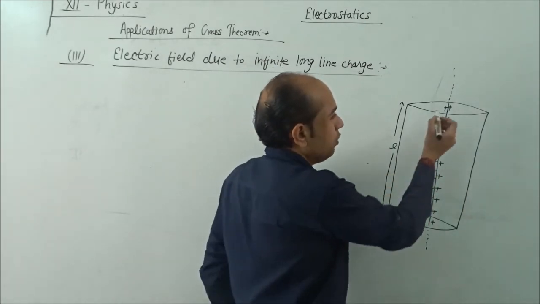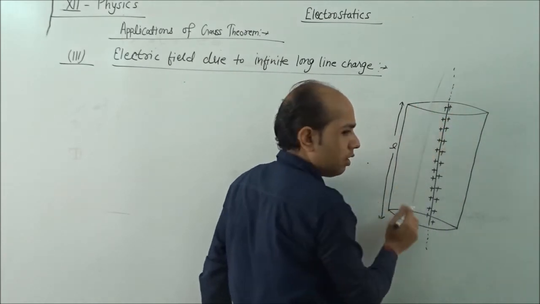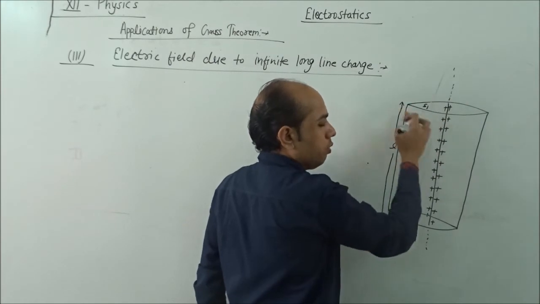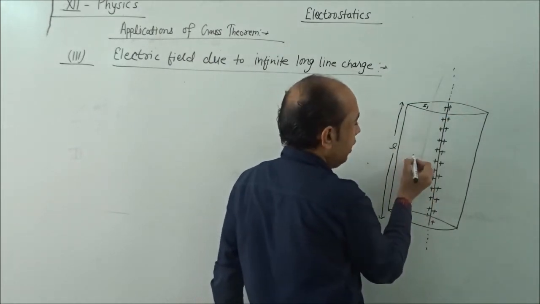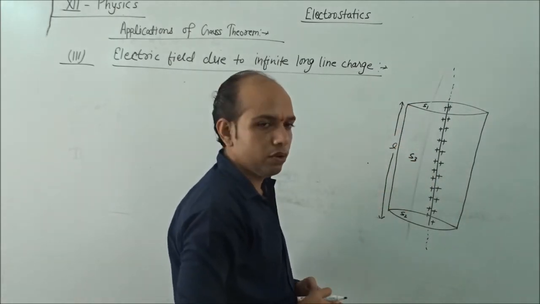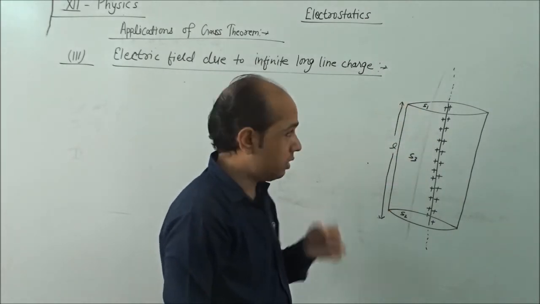As we know, because of positive charge, this cylinder is split into three parts: S1 is the top surface, S2 is the bottom surface, and S3 is the remaining curved surface.